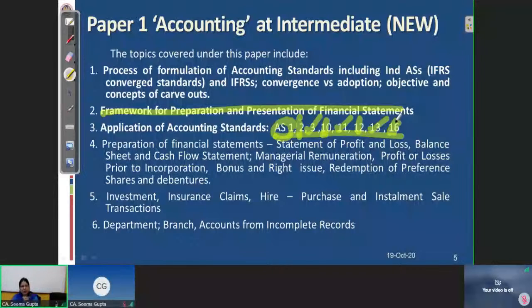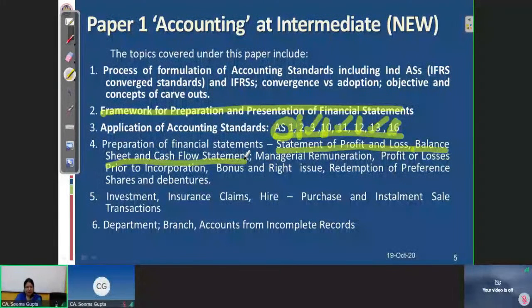But on those particular topics only a 5 or 6 or 8 marks question may be asked. But on statement of profit and loss, balance sheet and cash flow, a full-fledged 16 marks question is supposed to be asked. So you have to be very thorough with it.